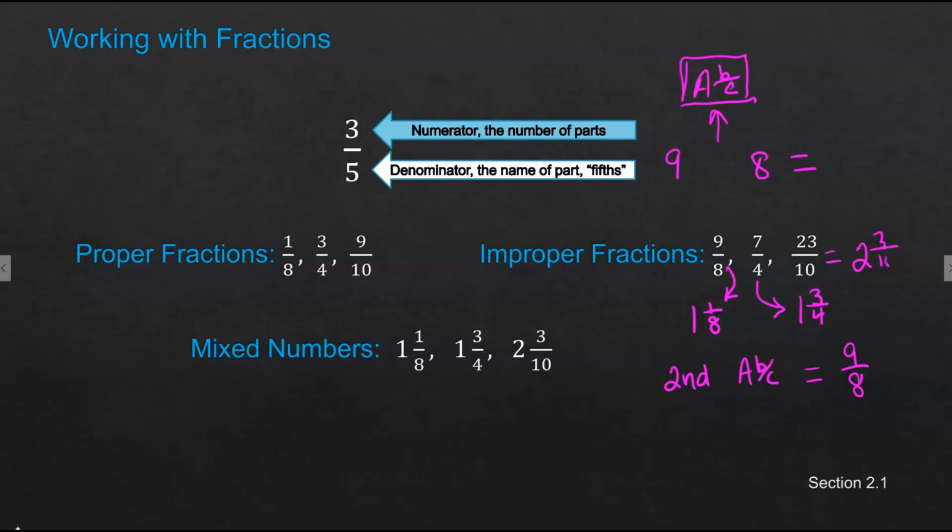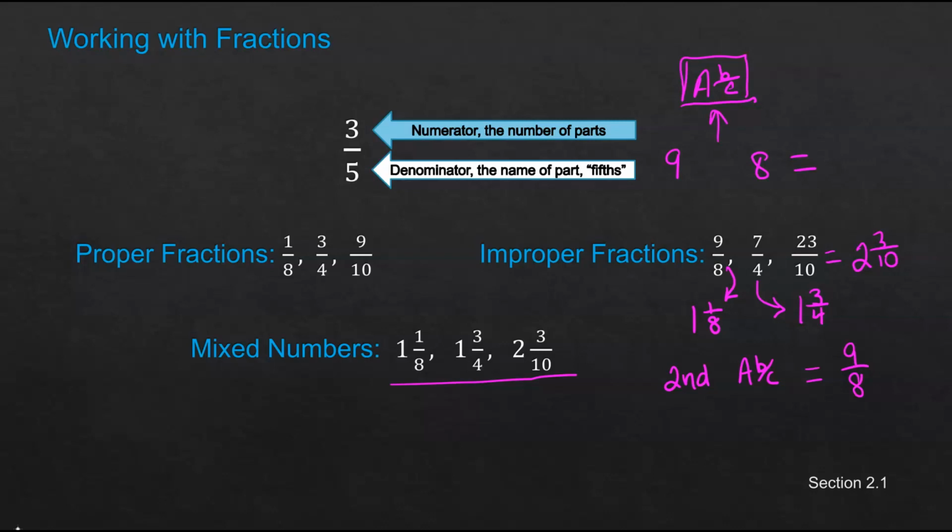So that is how you go from an improper fraction to a mixed number. These mixed numbers are the same ones that I just showed you, right? So with your calculator, you can actually go back and forth.